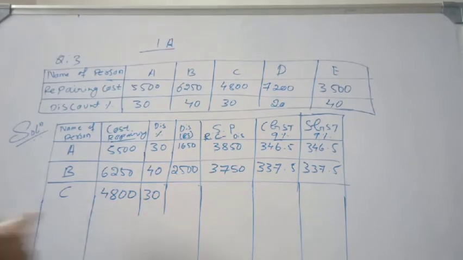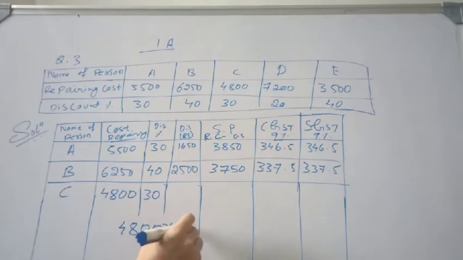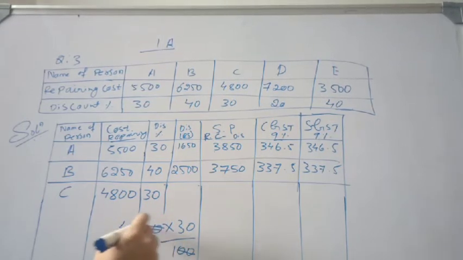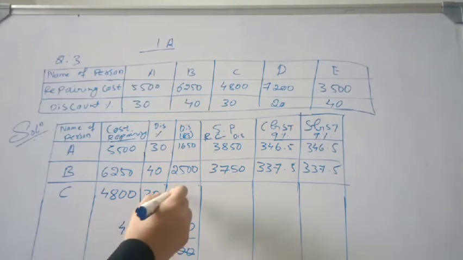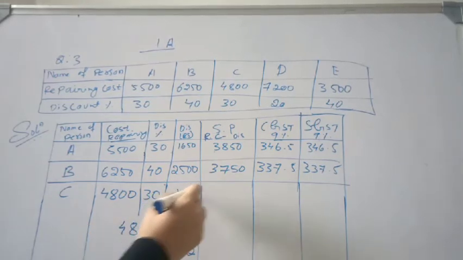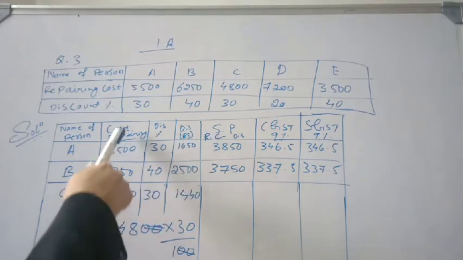So 4,800 into 30 upon 100, the zeros get cancelled. 48 into 30, the discounted amount will be 1,440.